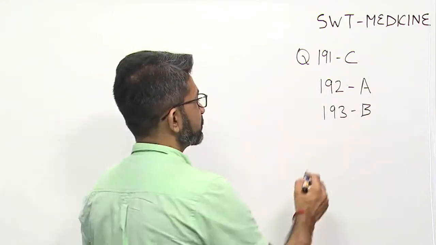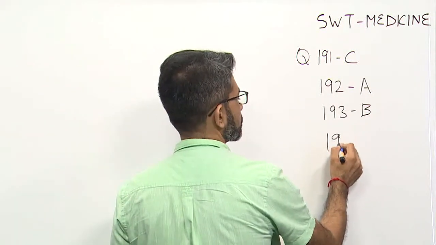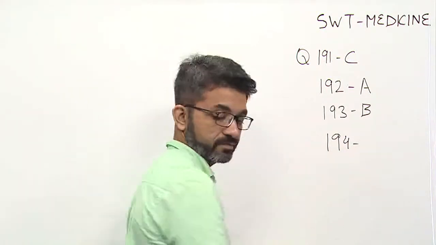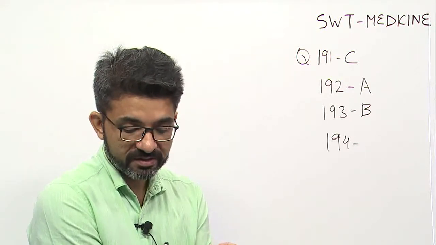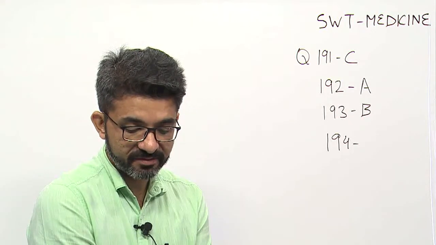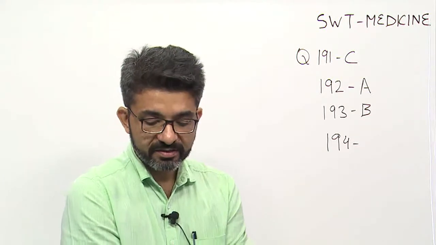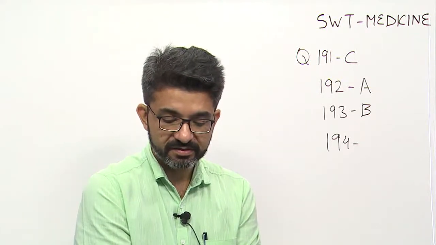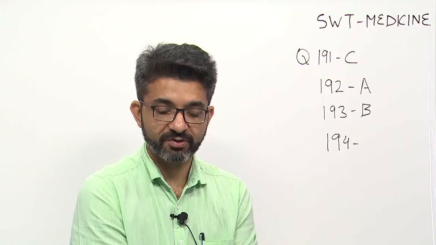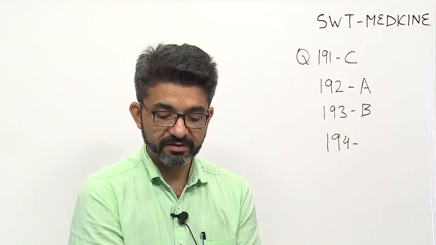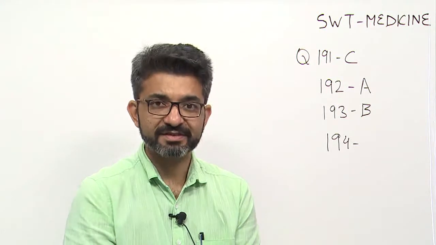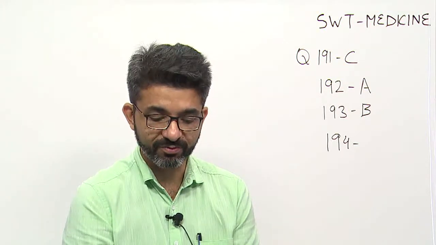Question number 194. NYHA class 3 with dyspnea, pedal edema and creatinine. See, the answer for this is spironolactone as well as enalapril as well as digoxin. However, the question is slightly wrongly formulated.